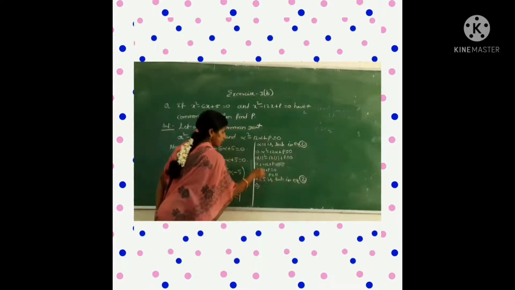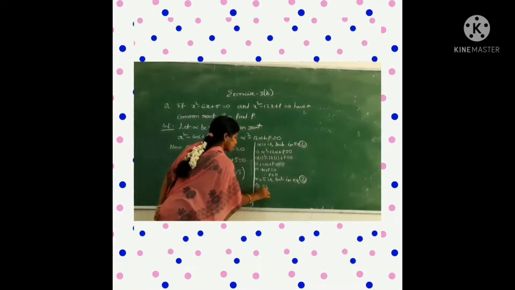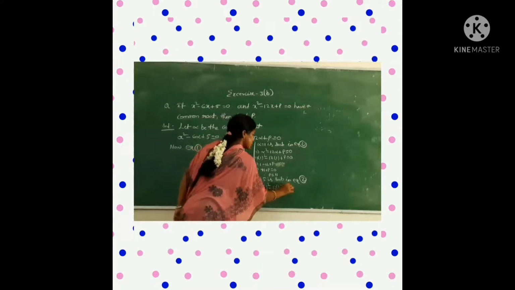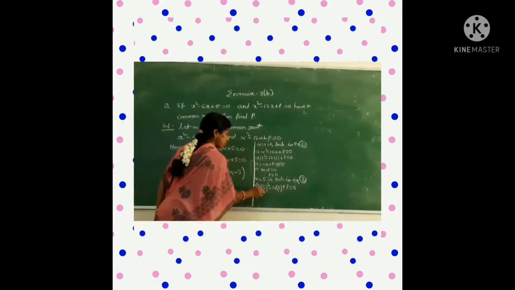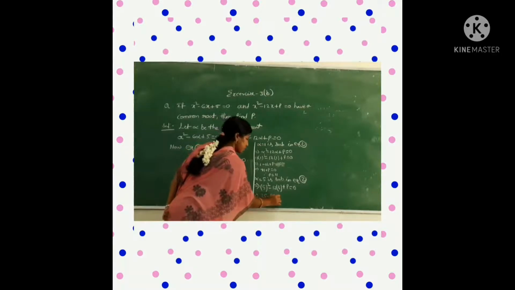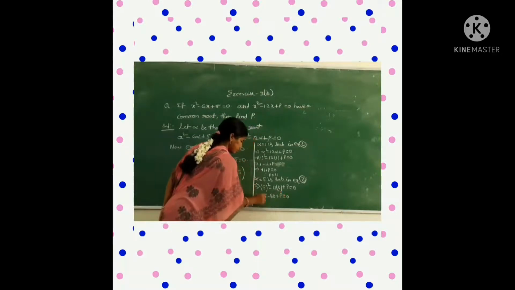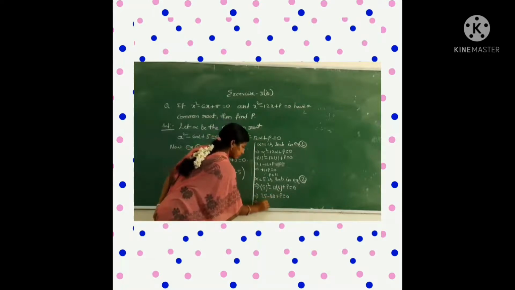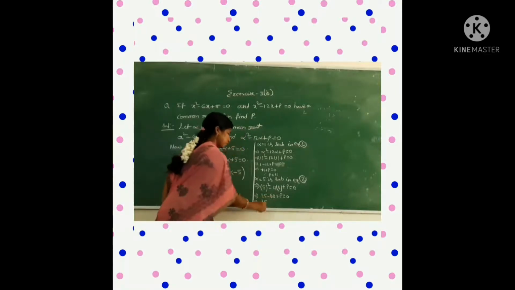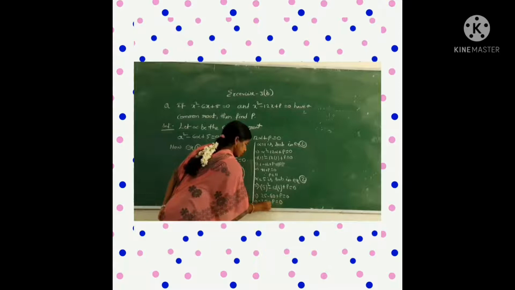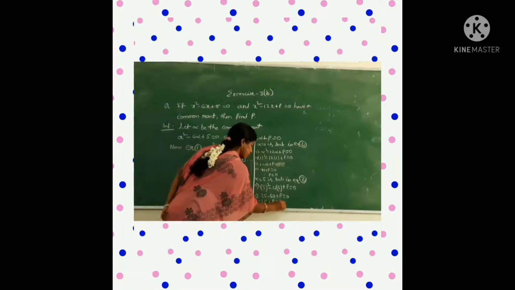That implies alpha square means 5 square minus 12 into 5 plus p is equal to 0. 5 square means 25 minus 60 is minus 35, so minus 35 plus p is equal to 0. Therefore, p is equal to 35.